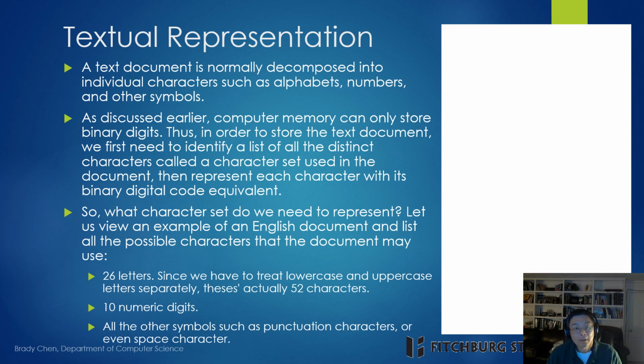Now let's look at the simplest data type, the textual representation. A text document is normally decomposed into individual characters, such as the alphabet, numbers, and other symbols, like punctuation characters, the factorial sign, backslash, forward slash, and so on.